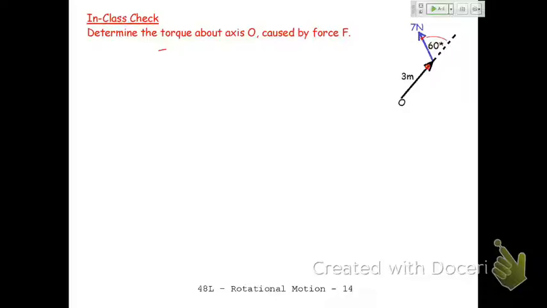So you'd say, well, my torque is equal to, and I do recommend you do this, d cross F, which equals d times F times the sine of the angle between. Wait, is it d or r? It doesn't matter. It's just a letter, meaning distance.